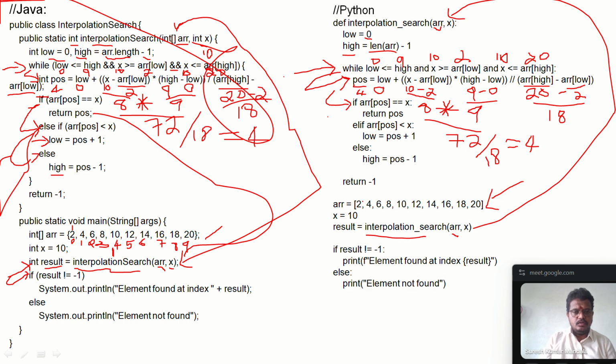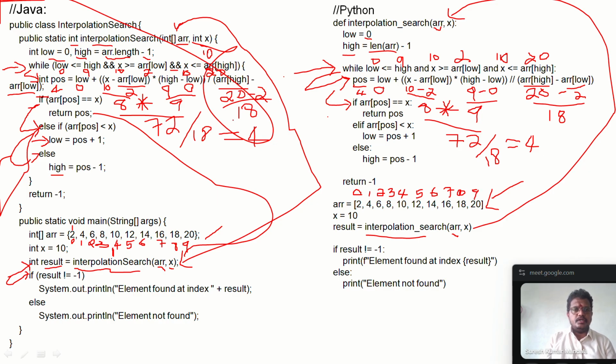What is arr[4]? We have not written the index numbers here, so I am writing the index numbers: 0, 1, 2, 3, 4, 5, 6, 7, 8, 9. These are the index numbers.